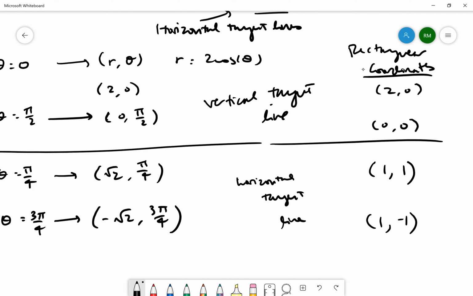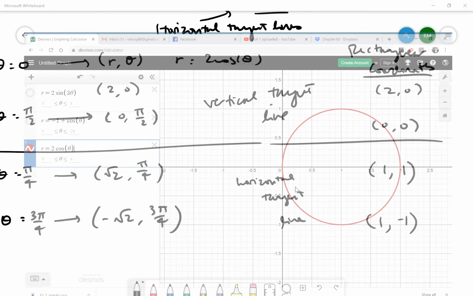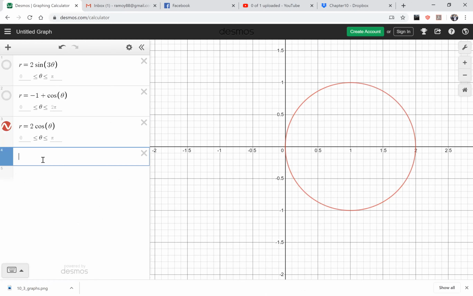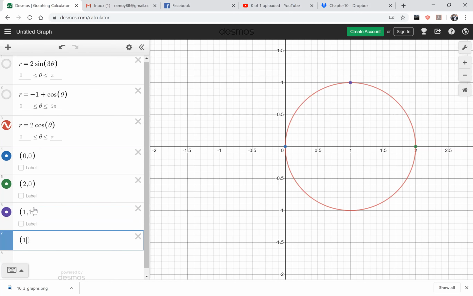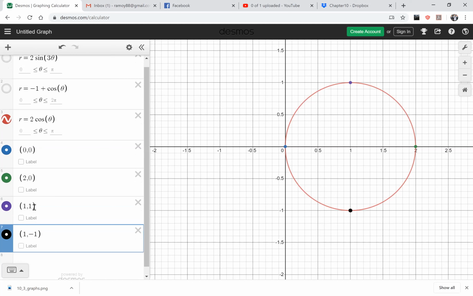So let's look at a graph of this on Desmos to see that that's right. Well, here's our equation, and we see the points at 0, 0 and 2, 0. We're definitely getting vertical tangent lines. And at the points 1, 1 and 1, -1, we are getting horizontal tangent lines because this is the graph of a circle.